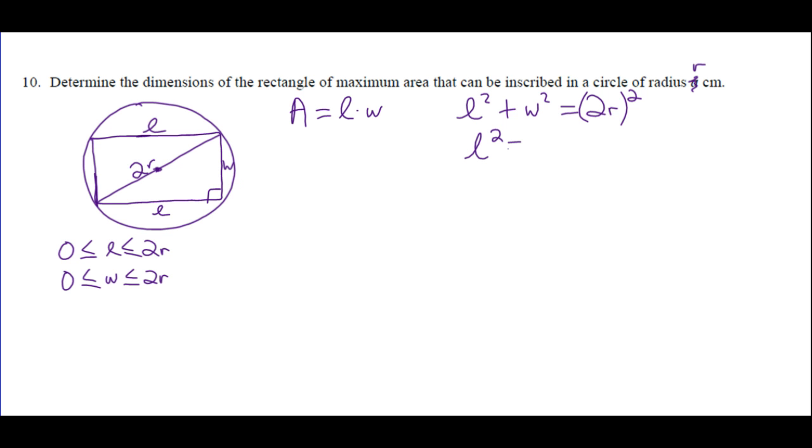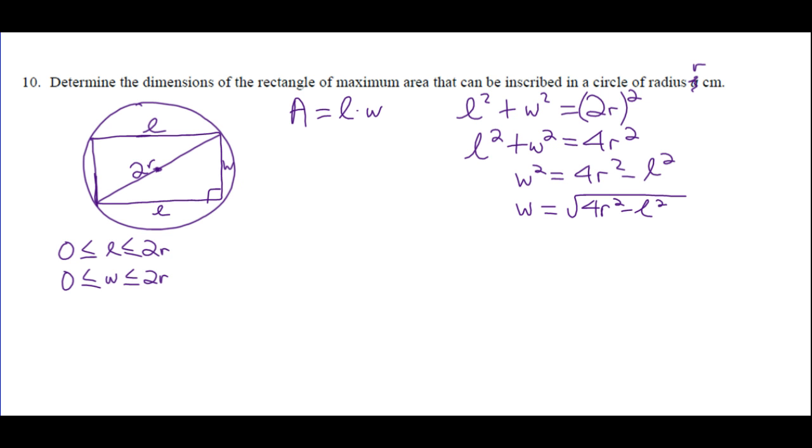So L squared plus W squared is equal to 4R squared. So W squared is 4R squared minus L squared, and W is the square root of that expression, right? Okay, so now we have W in terms of L.